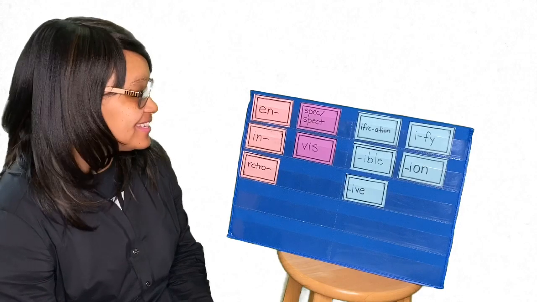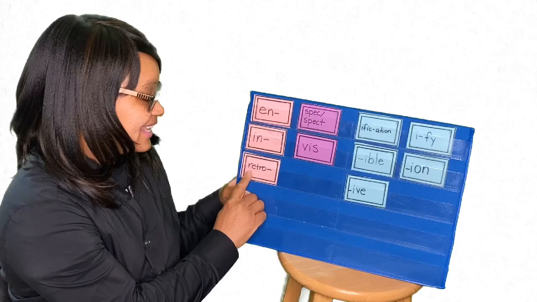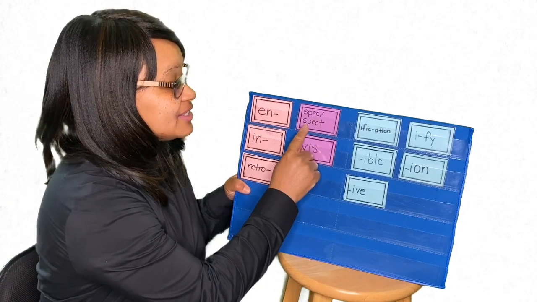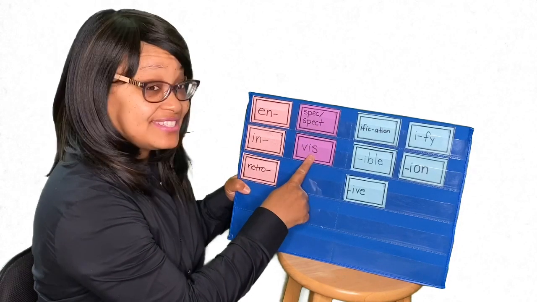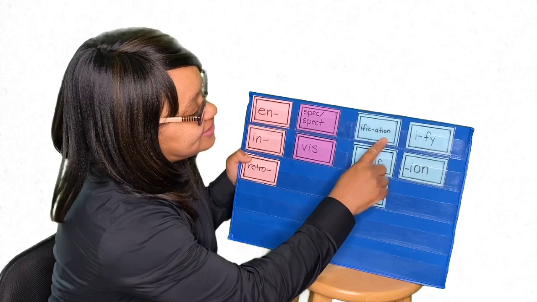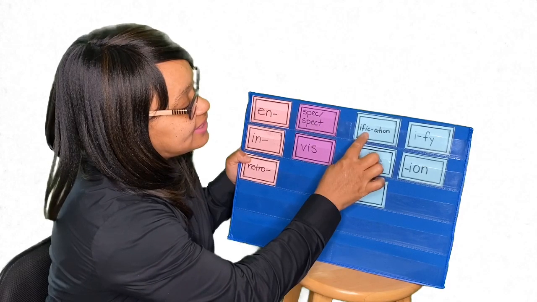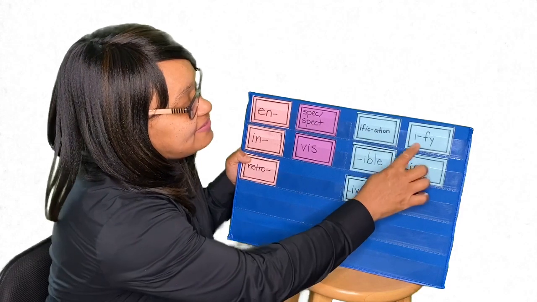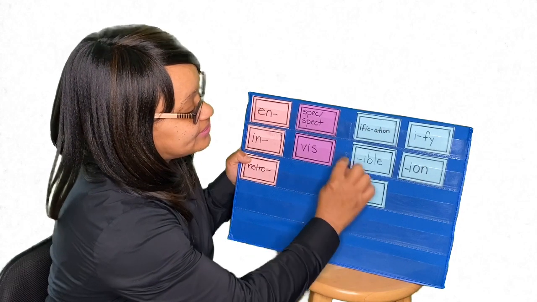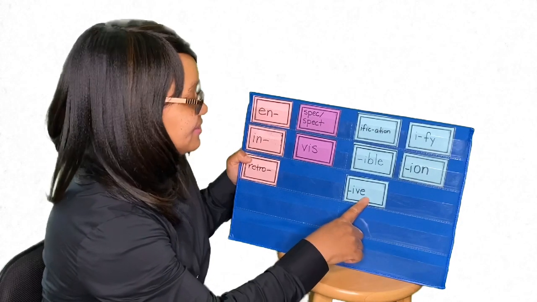Today we're working with the prefixes in and retro, the roots spec, spect, and viz, and the suffixes ification, ific, which is a connector to the root, ify, another connection to the root, ible, and ive.